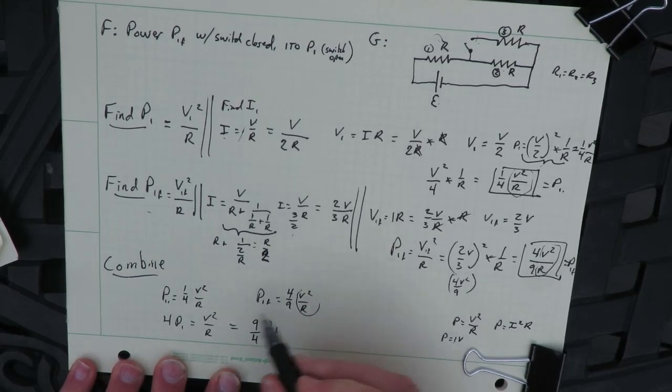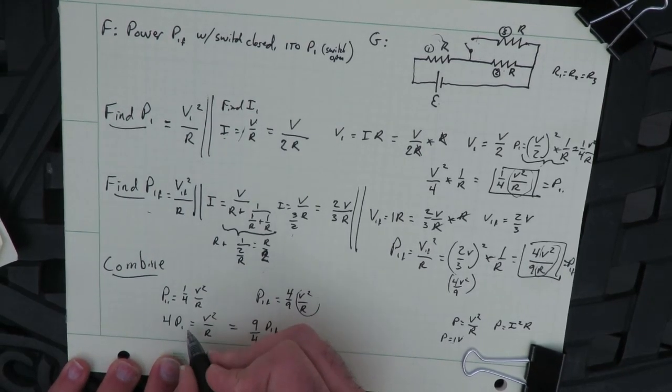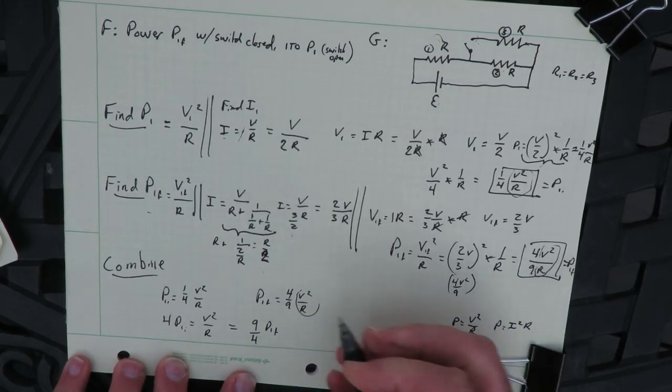V squared over R is the common term, that's why it's in the middle. So we get 4P1 initial is equal to 9/4 P1 final.